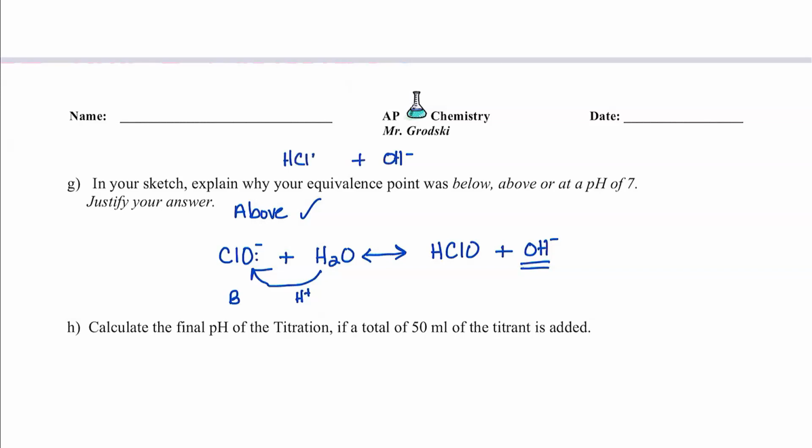Forced the weak acid to give up all of its what? Protons. And we made 100% ClO negative and water. There's no hydroxide left, and there's no acid left. Everything was converted 100% to the conjugate base.